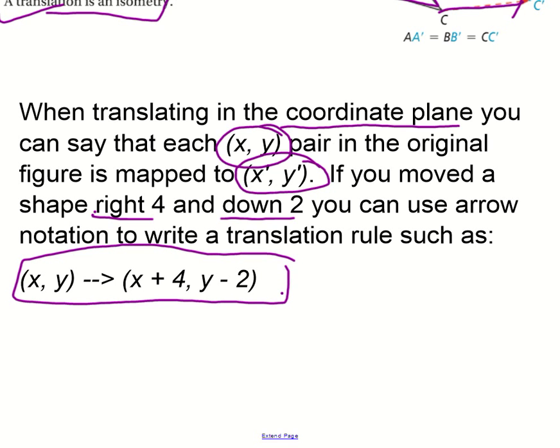If it's moving right 4, remember, horizontal is x, vertical is y. So if it's moving right 4, x has been increased by 4. If it's moving down 2, y has been decreased by 2. So you're taking a point that's maybe up here and you're moving it right 4, down 2, so your final point would be right there.